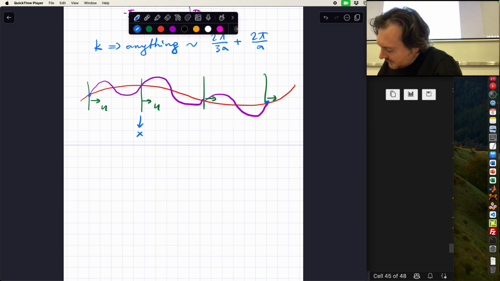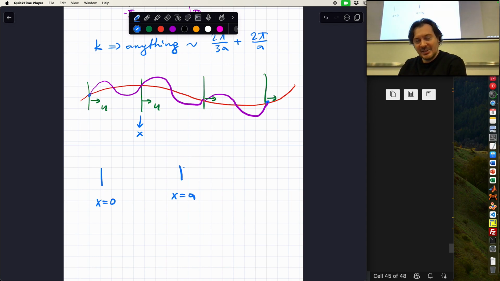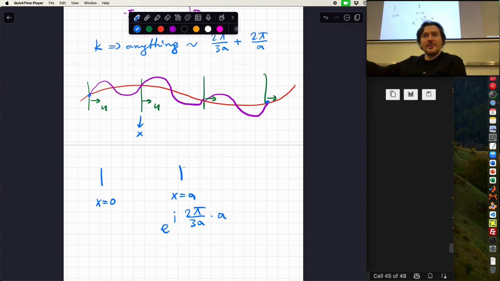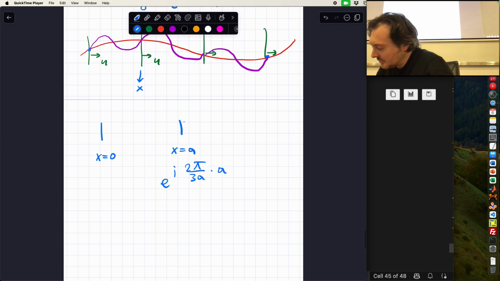Let's say this is x equals 0. This is x equals a. Now it will work because I put a special number, magic number a. Now I have e to the i times 2 pi over 3a times a. And it gives me some number, right? What is that number?